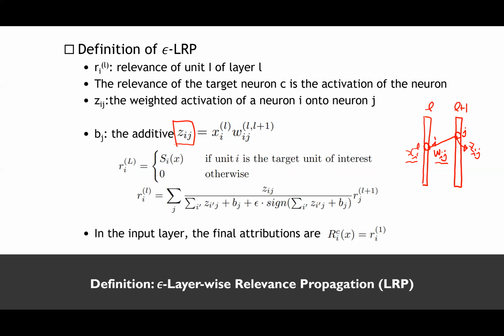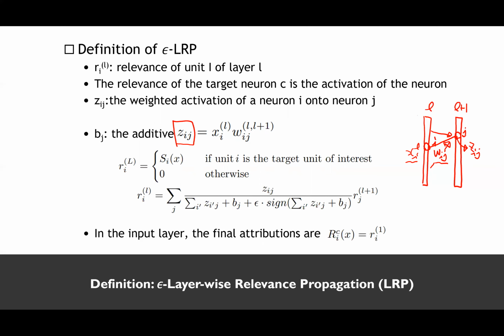Of course, Z_ij will be summed with contributions from the other nodes, and finally taken through a nonlinear function. In LRP, it is claimed that when we wish to compute the relevance attribution of the input, we can apply this rule from the last layer to the first layer.